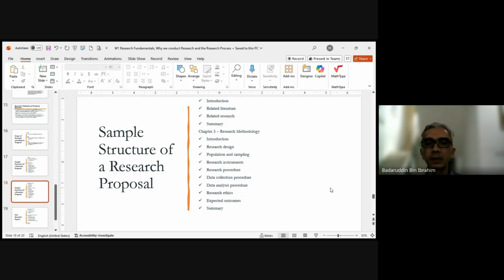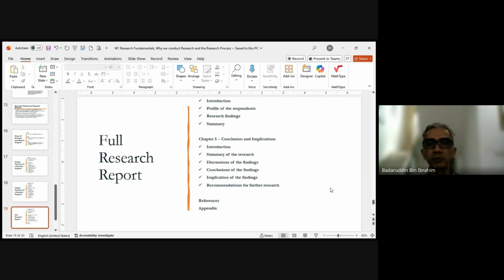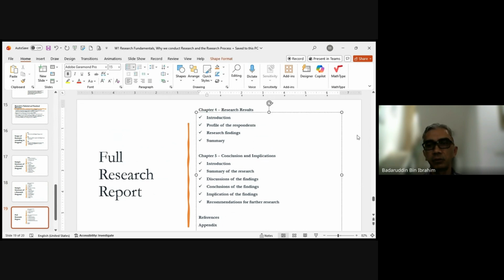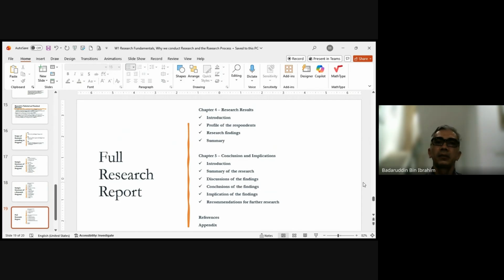And then move to chapter 4, your data analysis. Again, there is no such one rule for how many headings or subheadings you should have in chapter 4. But my simple formula is that chapter 4 is the result or research findings, and it should reflect your research questions or research objectives.